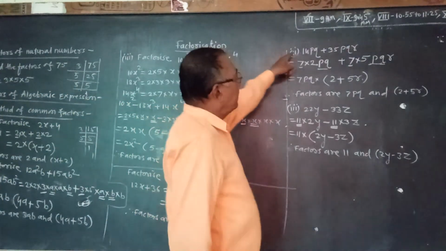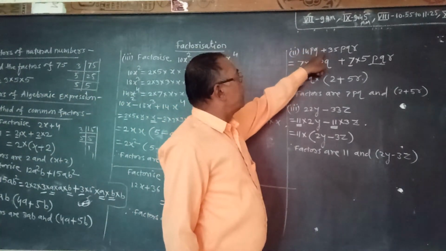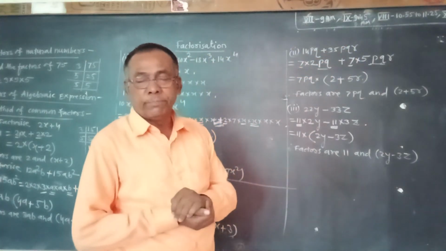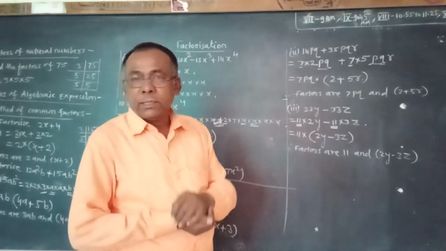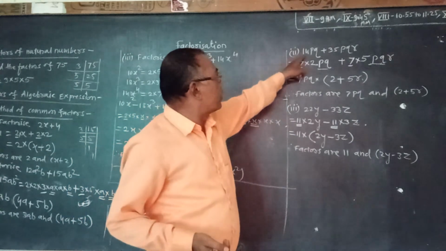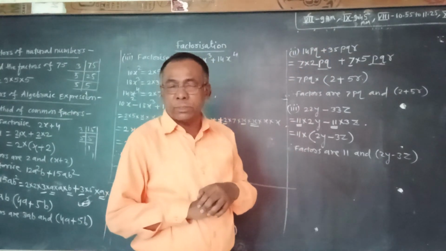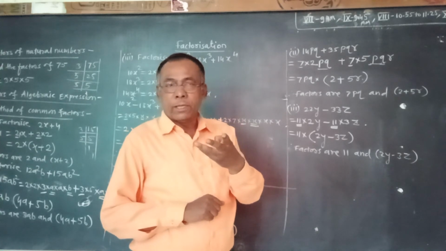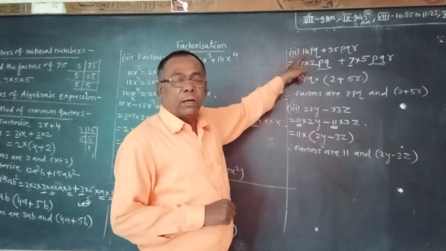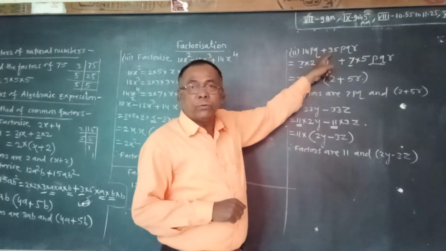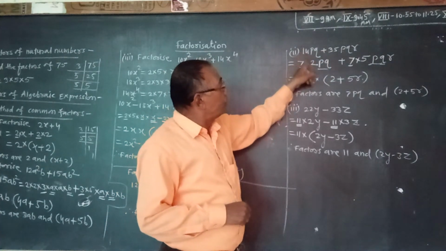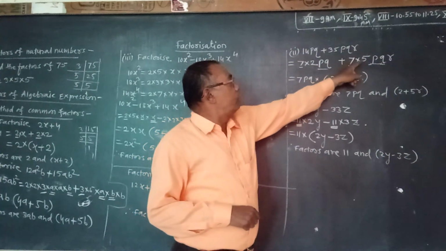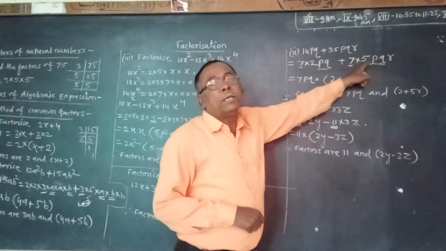Now in the second example, 14pq plus 35pqr, we have to factorize this expression. Again we will find a number which can divide 14 as well as 35. Such a number is 7. So 7 into 2, 7 2s are 14, pq as it is, plus 7 into 5, 7 5s are 35, pqr as it is.